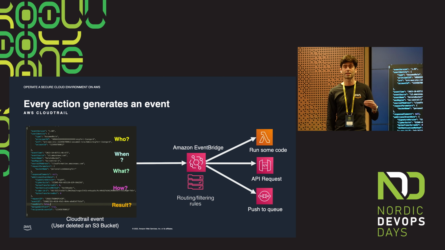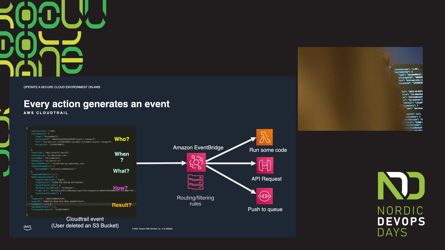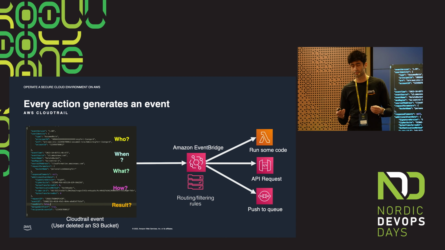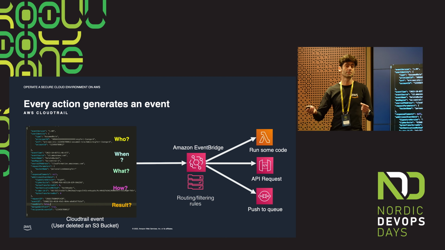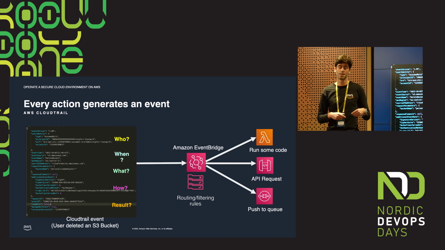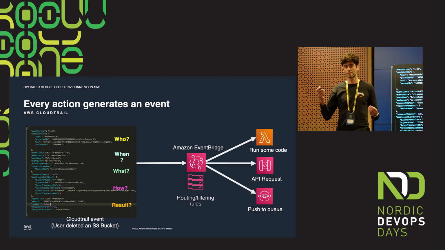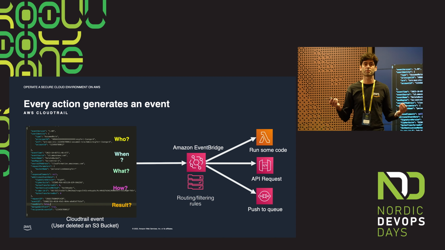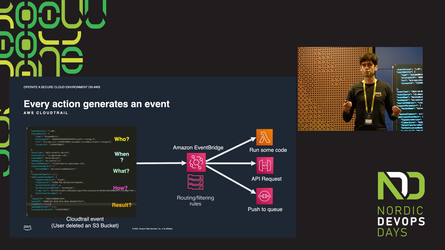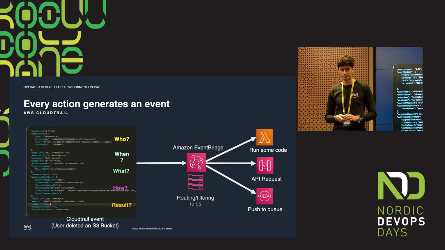So if you want to do things like remediation, somebody changes the security settings of your virtual private cloud or of your S3 bucket, you can trigger a Lambda that will put the configuration back, for example. But you can also just send it to an external API, generate an alert, or push to a queue to be processed later.